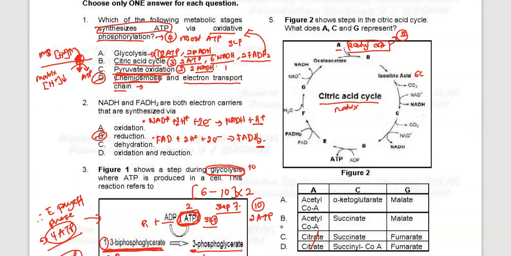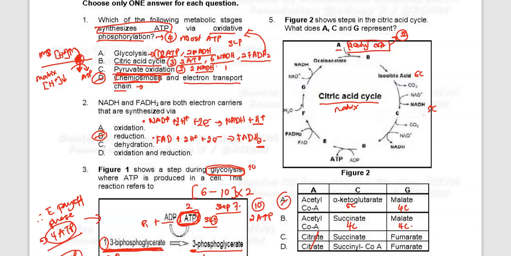When carbon dioxide is released, it becomes a 5 carbon compound, which is alpha ketoglutarate. If you refer to your notes, succinate is a 4 carbon compound. Malate is a 4 carbon compound. So therefore your answer would be A.